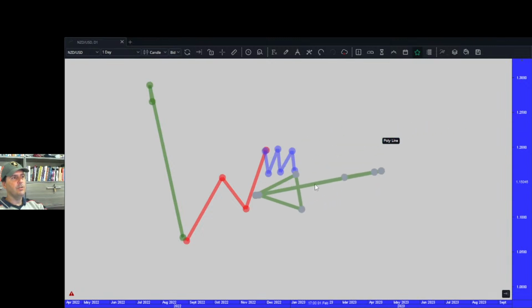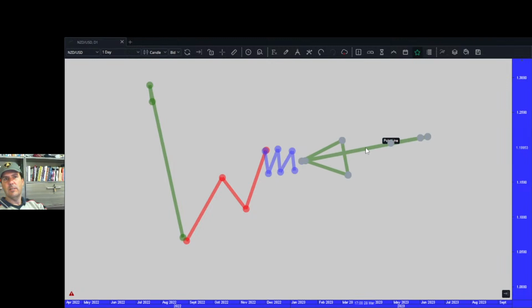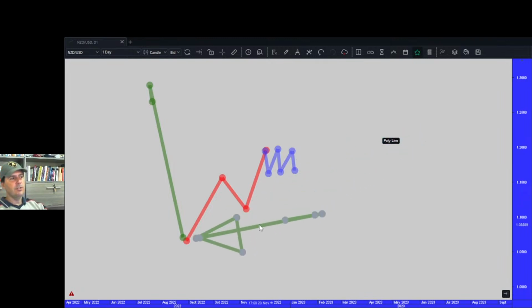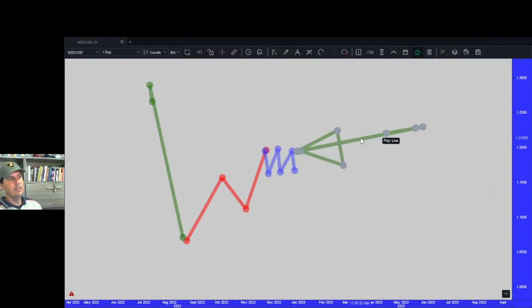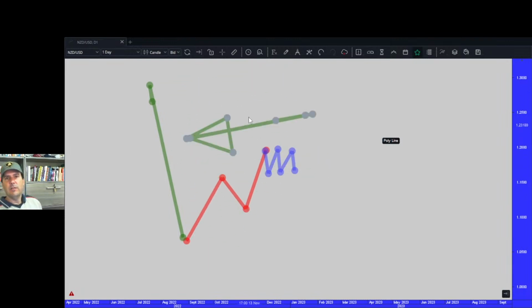What should I trade? Should I trade consolidation? Should I buy consolidation because it's in the direction of the uptrend, or should I sell consolidation because it's part of the larger down market wave leg? What should I do?